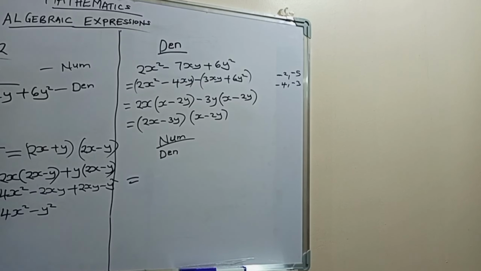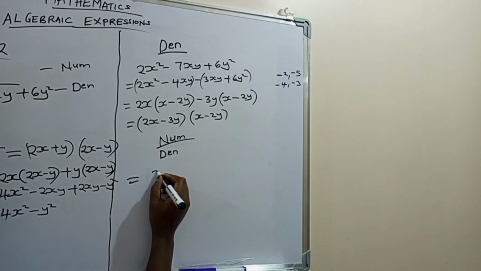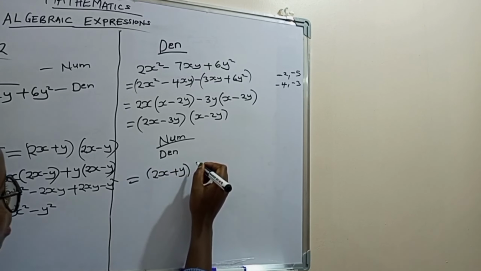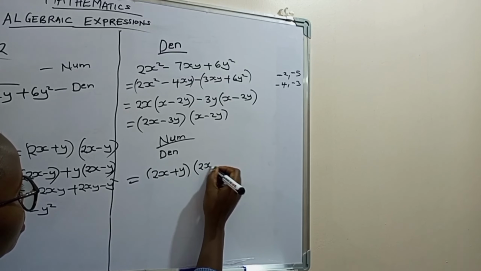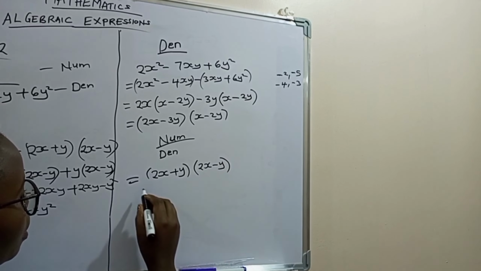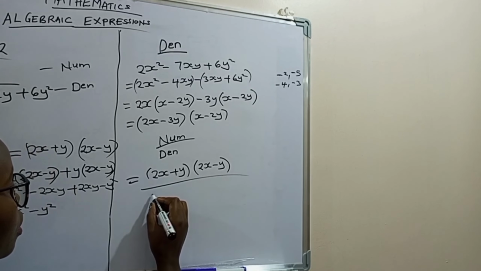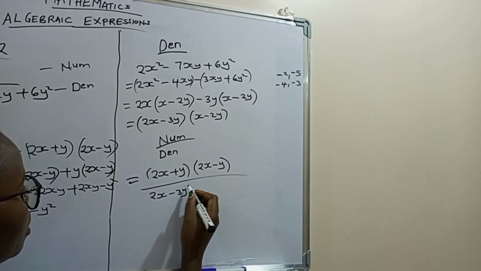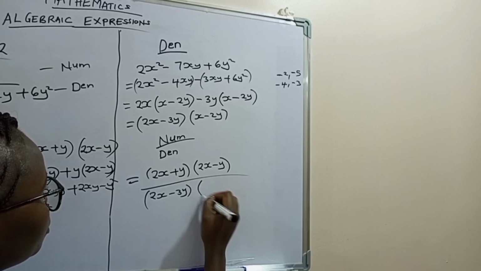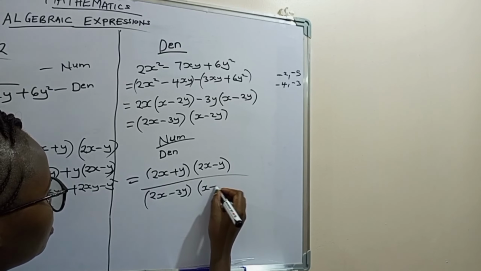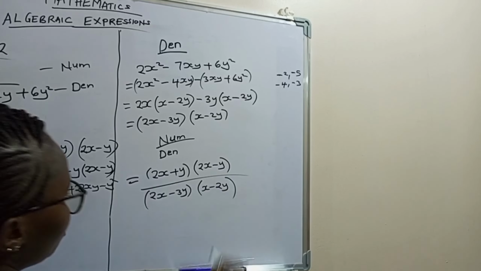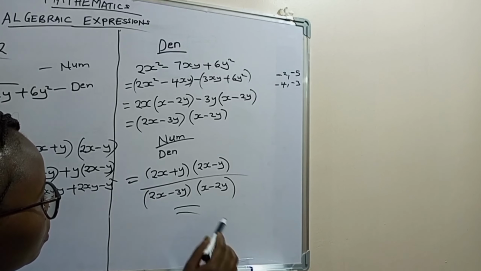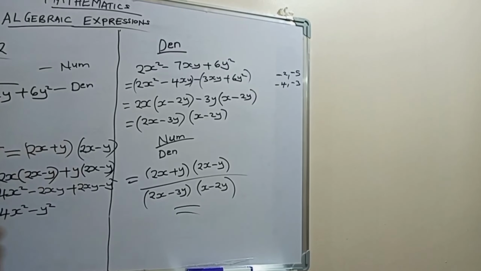We get 2x plus y into 2x minus y divided by 2x minus 3y into x minus 2y. This can't be simplified further, so this is our answer.